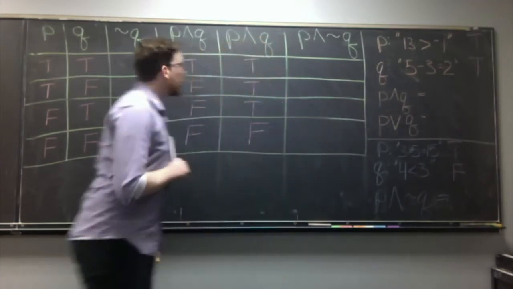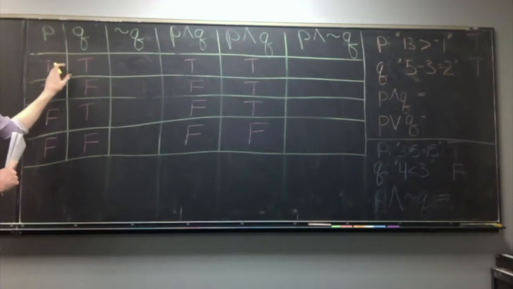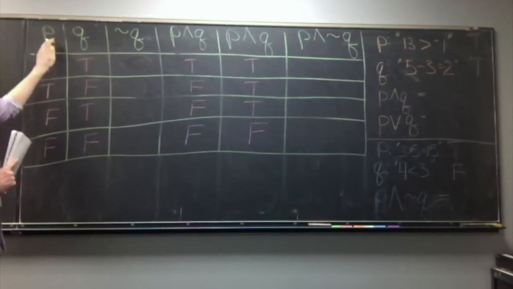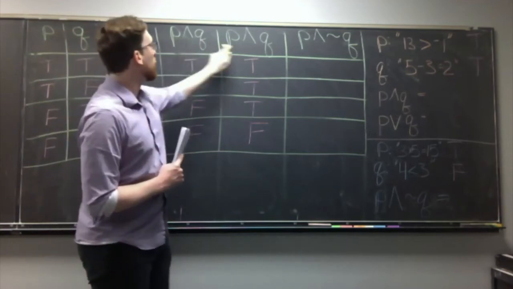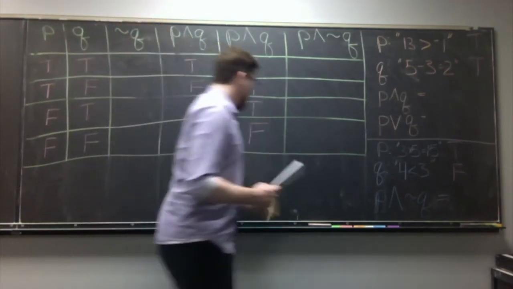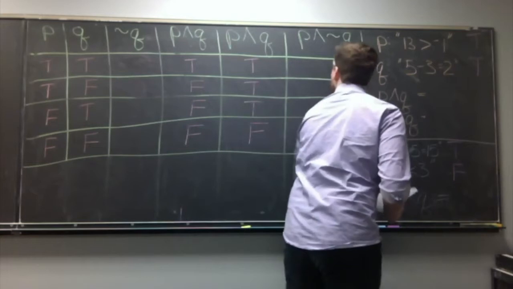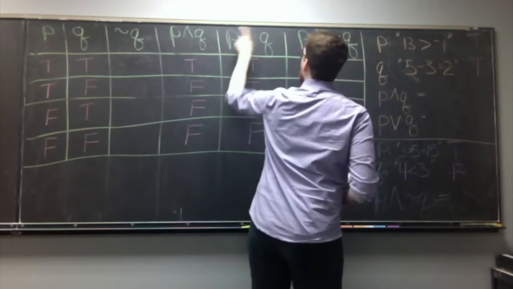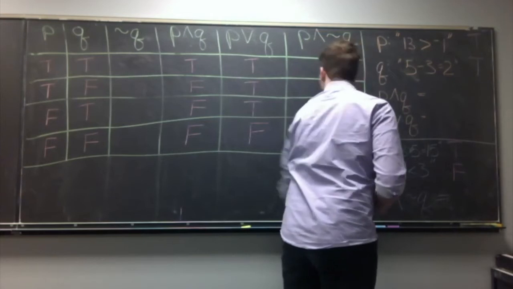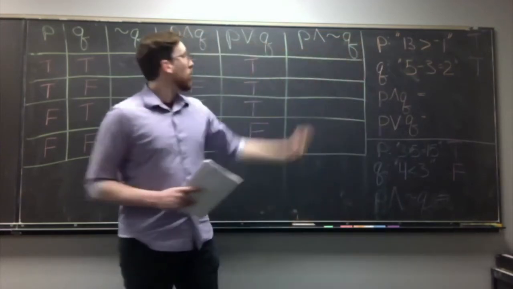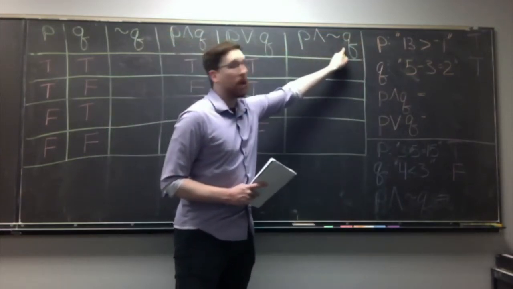So to begin, what we've got here is the truth table P, Q, not Q, P and Q, P or Q, and P and not Q.